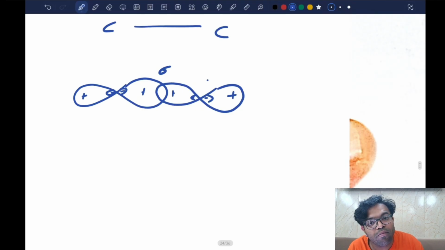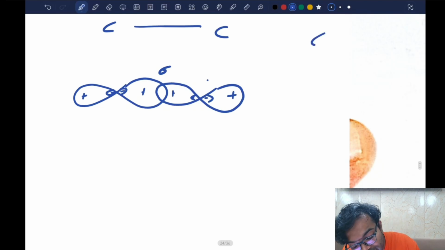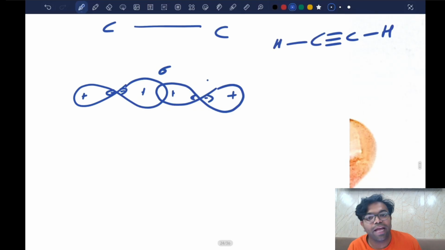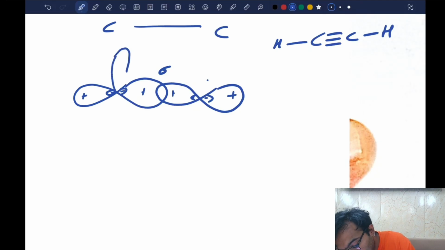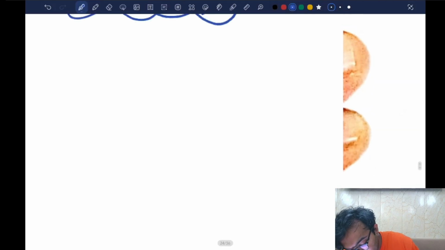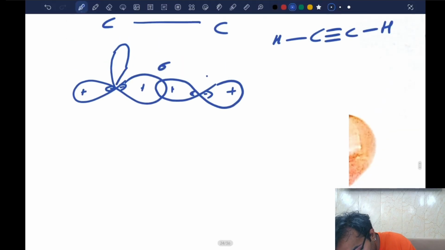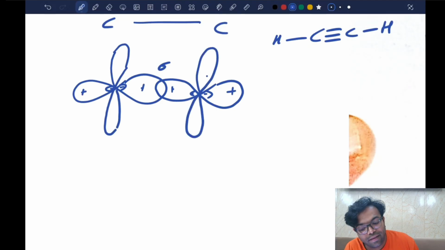Now you need to form a triple bond. Ethyne is a triple bonded carbon compound, right? C triple bond C, H, and H. It's an alkyne. Now, what is going to happen here? It has one unhybridized px here and a px here.